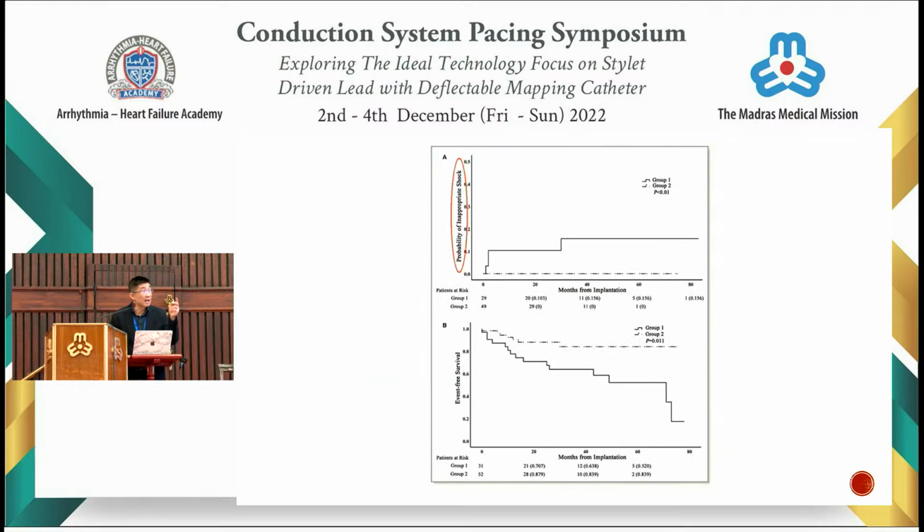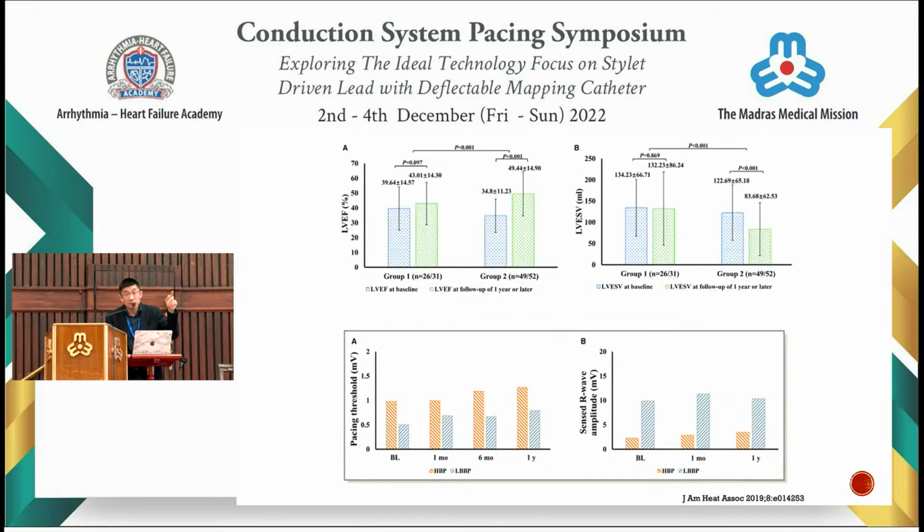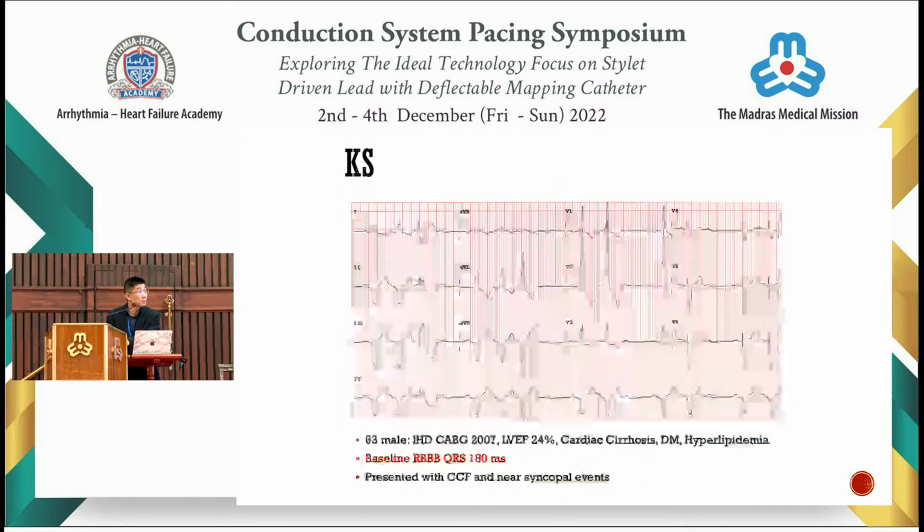Perhaps not surprising, they're less likely to get inappropriate therapy because the AV node is ablated already anyway. And importantly, in group 2, where they underwent conduction system pacing after AV nodal ablation, it was associated with improvement in LVEF as well as LV end systolic volume. Again, not surprisingly, if you have left bundle area pacing, sensing is a lot better, pacing threshold is a lot better.